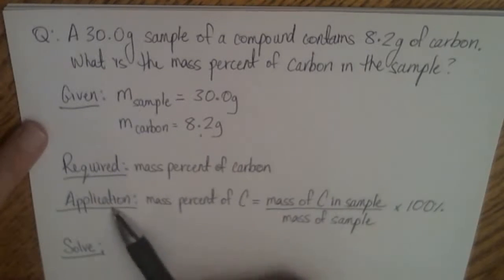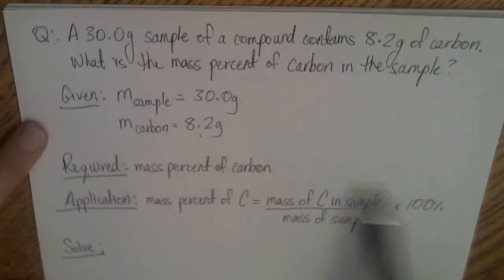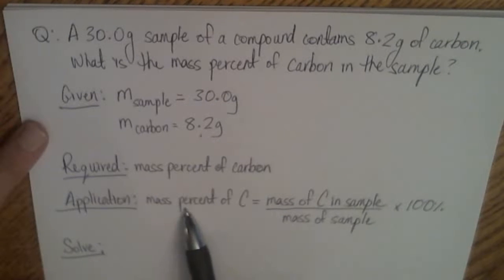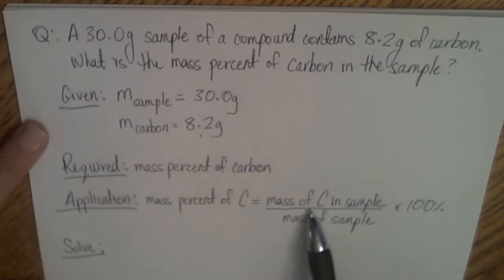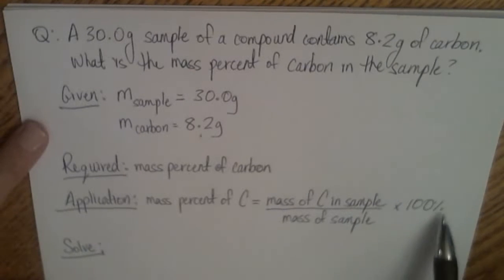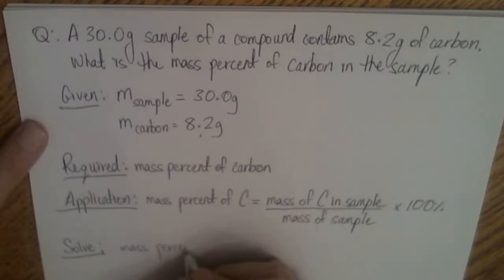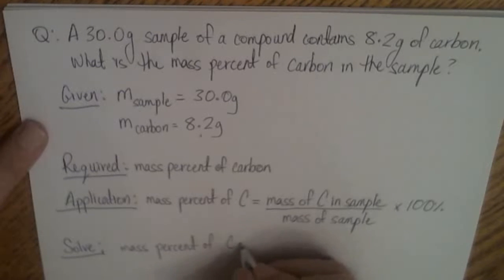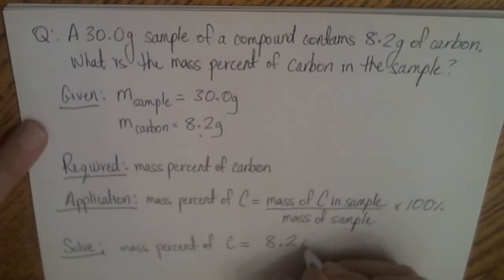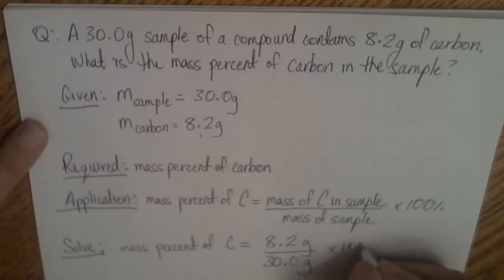How will we do that? We're going to use that same formula as before, where the mass percent of carbon is the mass of carbon in the sample divided by the mass of the sample multiplied by 100%. So let's do that now. Mass percent of carbon equals the mass of carbon in the sample, 8.2 grams, divided by the mass of the entire sample, 30 grams, times 100%.